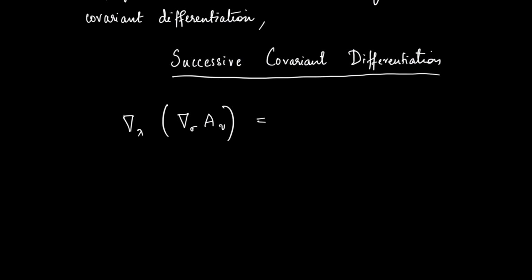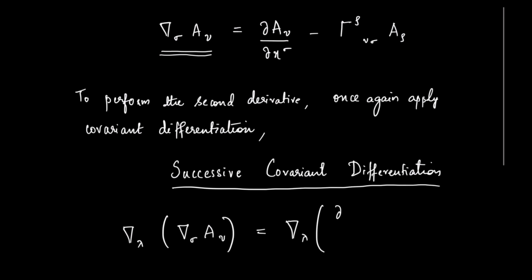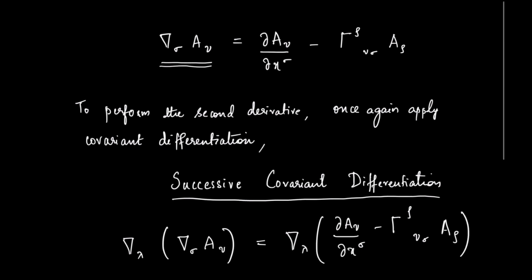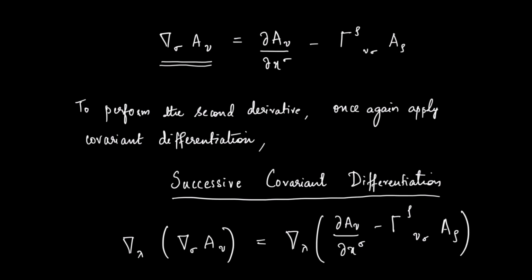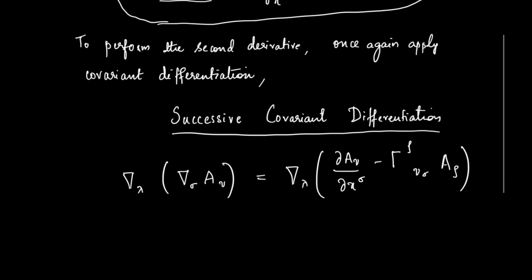Then I have to take the covariant derivative on the right hand side also, of the partial derivative of A nu with respect to x sigma minus Christoffel symbol rho nu sigma A rho. So I am taking the second derivative of this quantity, that is with respect to lambda.